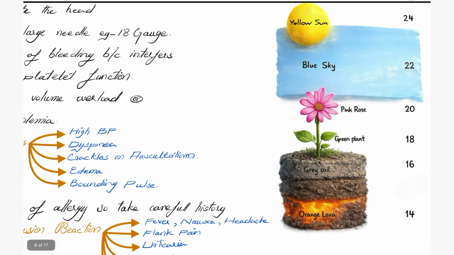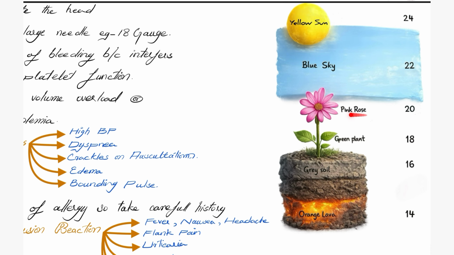The mnemonic for cannula color code and sizes is like this: the center of the earth has orange lava, and the orange cannula has a size of 14 gauge. Soil is gray in color, so the gray cannula is 16 gauge. The leaf of the plant is green and the green cannula has a size of 18 gauge.